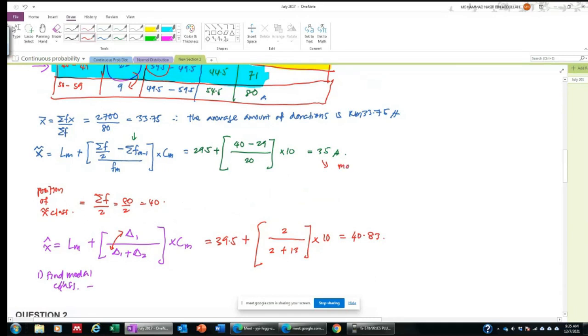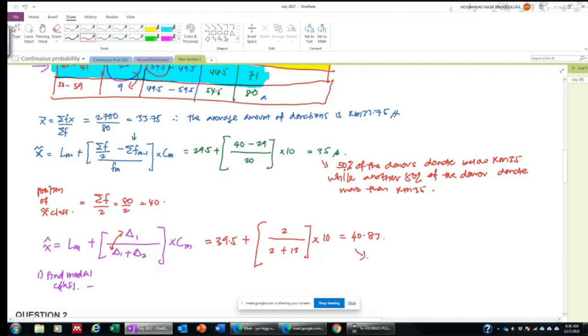Right? So before I forgot to interpret the value of median. So we can say that 50% of the donors donate below RM 35, while another 50% of the donors donate more than RM 35.